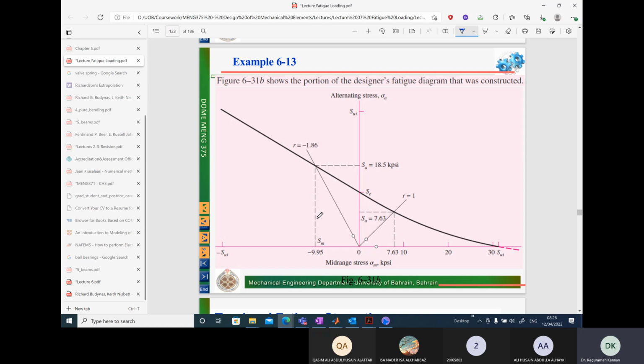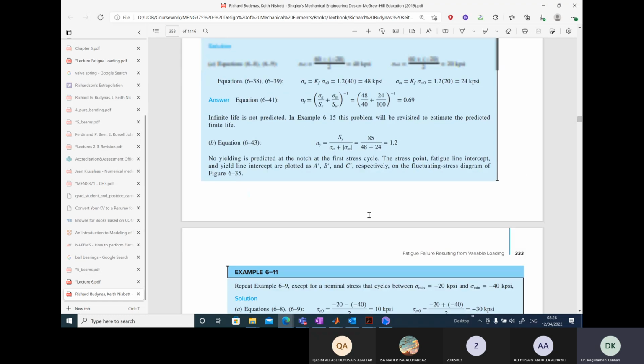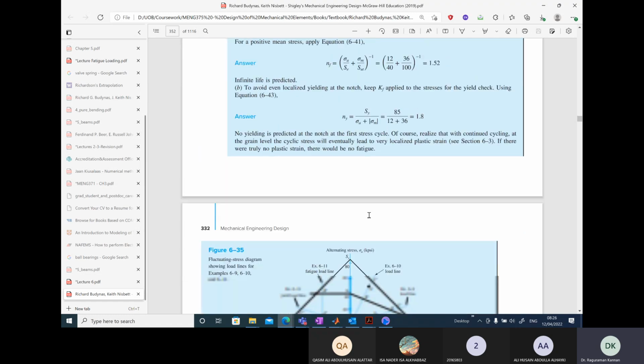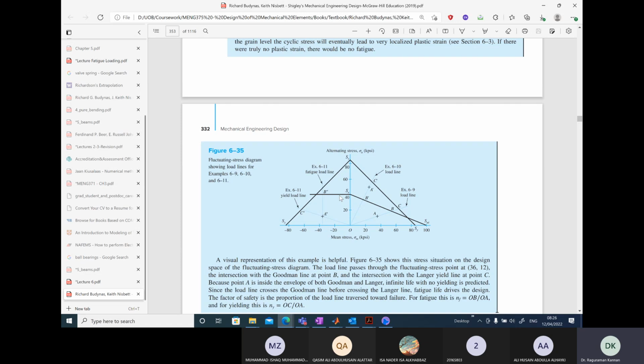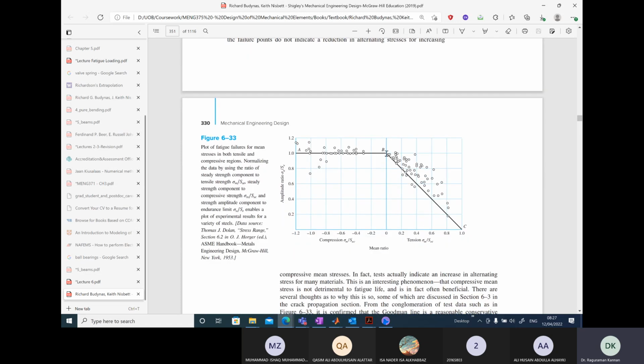But when we go to the second quadrant, something is also different in the case of brittle materials. In ductile materials, what did we have? Let's take a look at it. Here in the ductile materials, when the mean stress is negative, we consider only the SE value as the failure envelope.